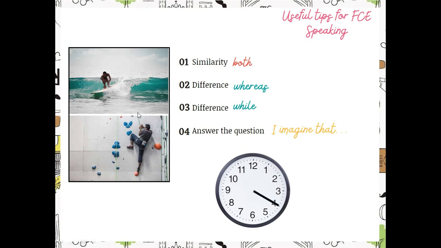While the surfer needs the weather forecast, the climber doesn't depend very much on it. I imagine that these two people are enjoying themselves because they feel satisfied about what they are doing. And they are happy because of their personal achievements.